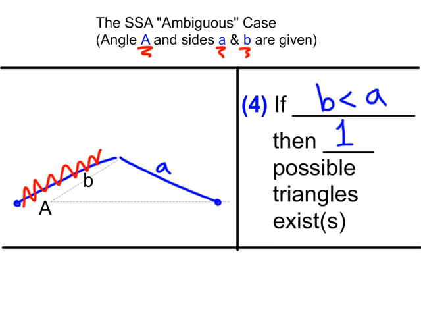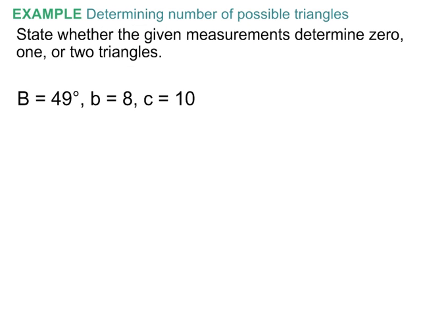Okay, so let's do an example in which I don't use these variables. Here's our example. This is exactly the wording you're going to see in the book and on the tests. State whether the given measurements determine 0, 1, or 2 triangles. And in this case, we're dealing with big B, little b, and little c. So here's how I would think through it.